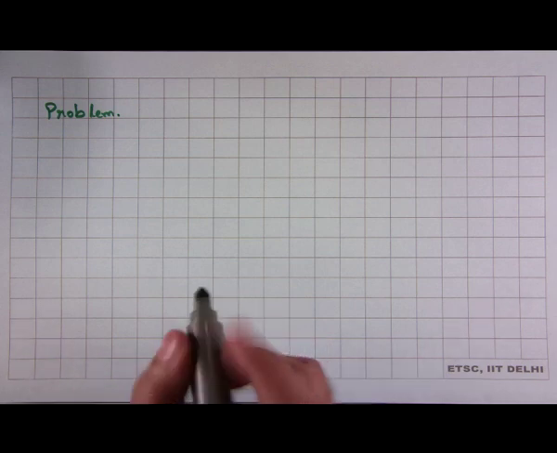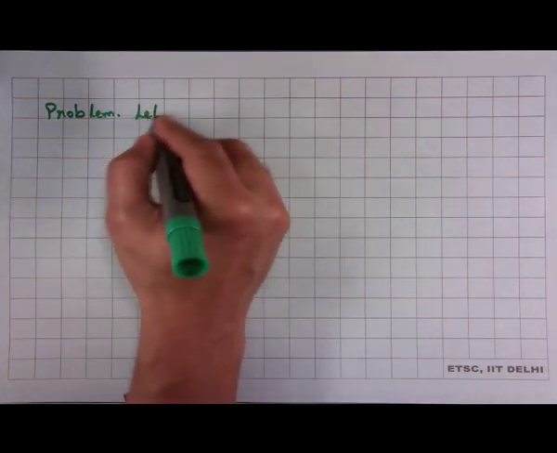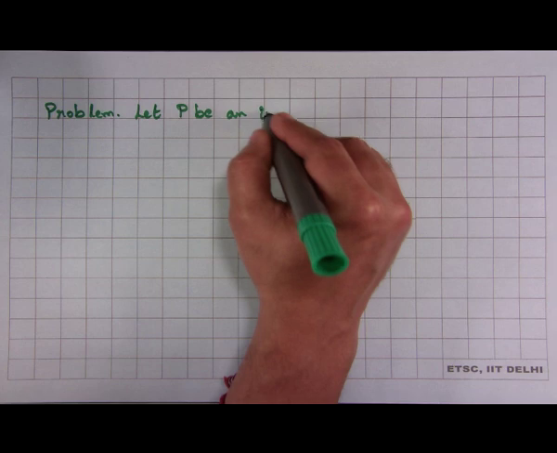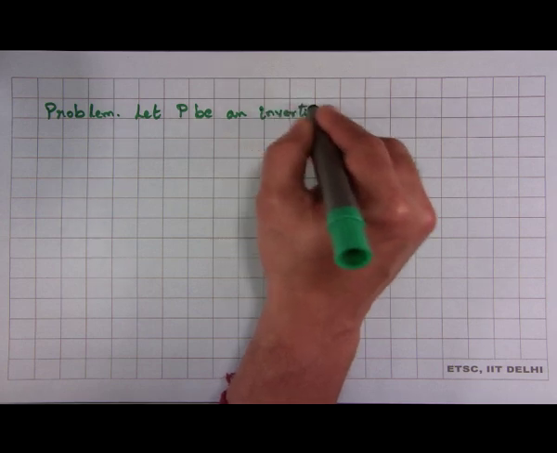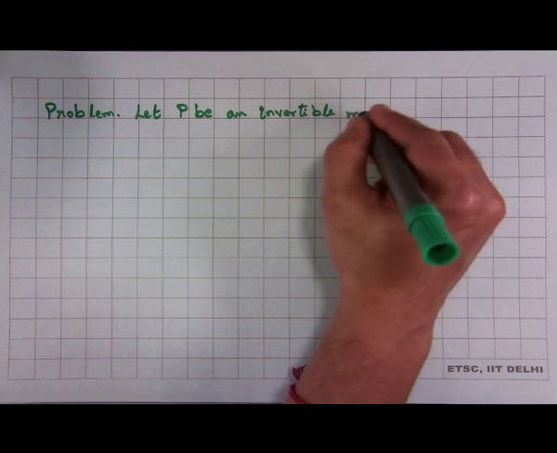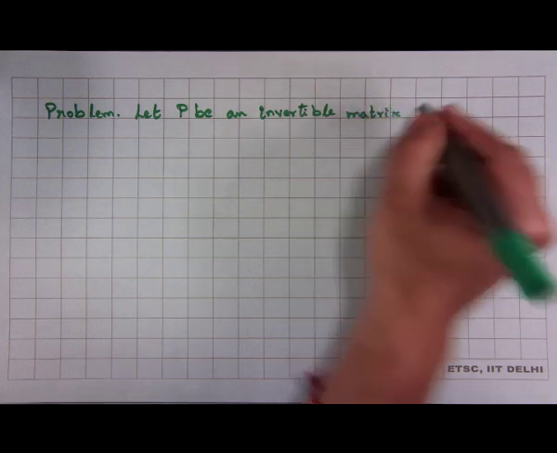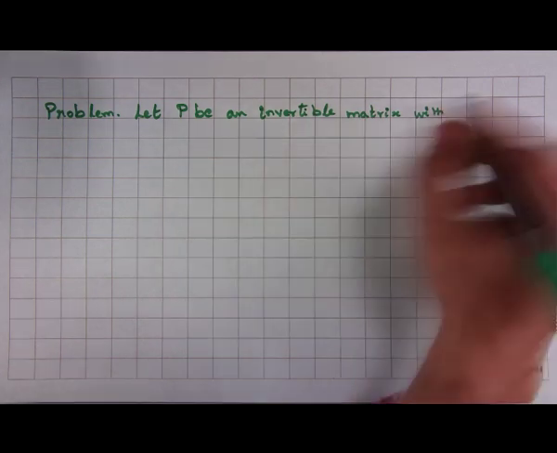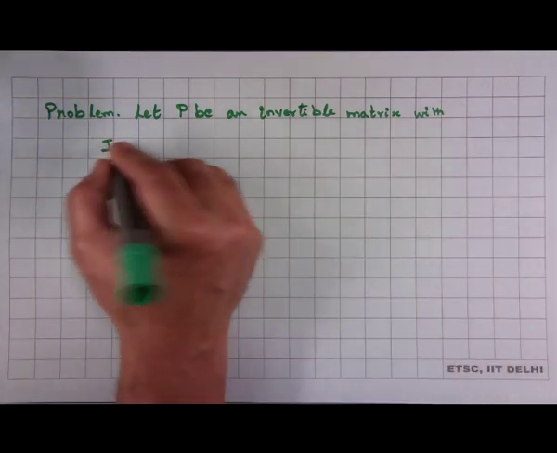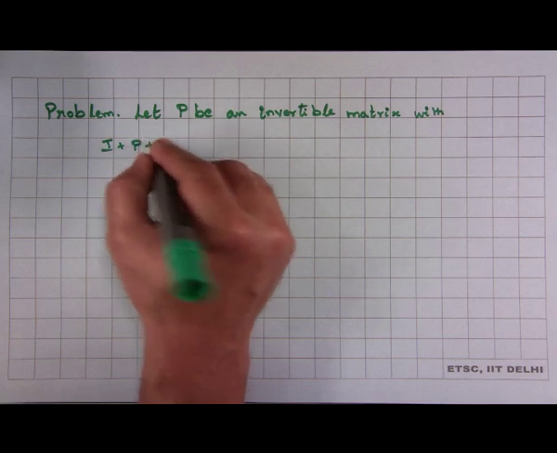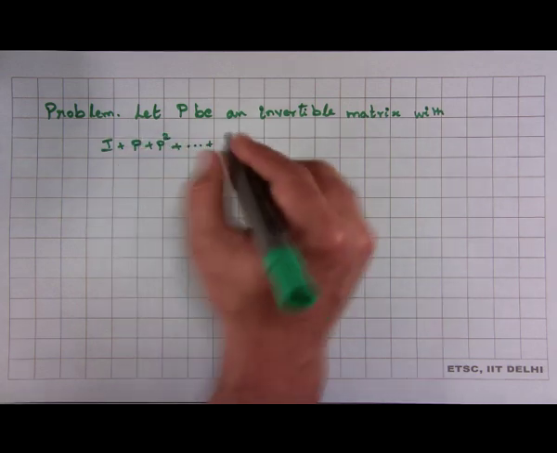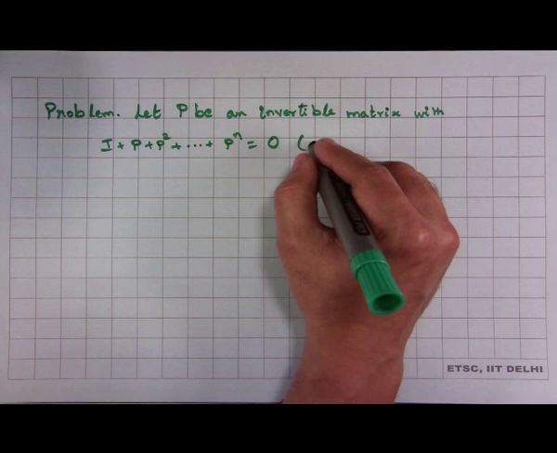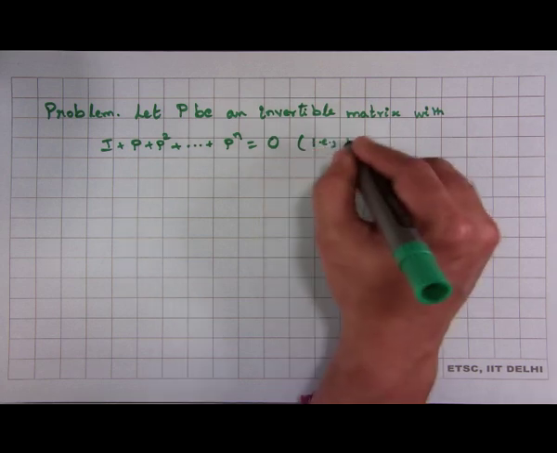First problem, let P be an invertible matrix with I plus P plus P square up to P power n equal to 0, that is the 0 matrix.